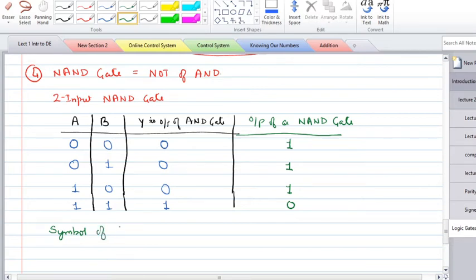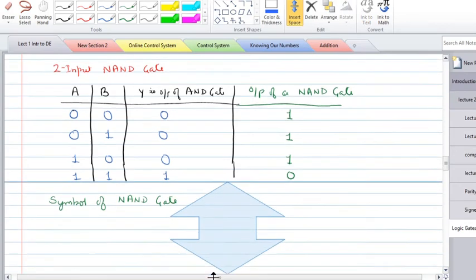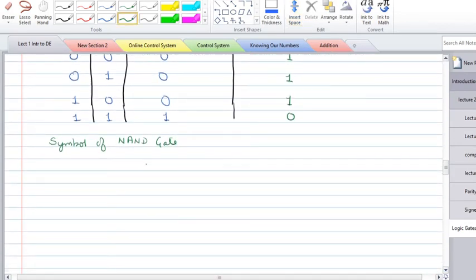Symbol of NAND gate. It consists of both an AND gate with a NOT gate. So if we club this NOT gate with this AND gate, then it looks like this.